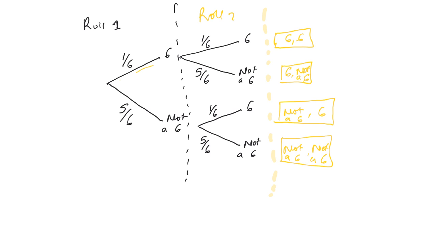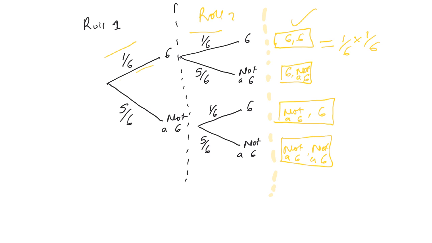And how do we get the probabilities? To get the probabilities, you multiply the probabilities along the branches leading you to a particular combination. For this combination, the first time you get a 6 and the second time you get a 6, so the probability is 1 over 6 times 1 over 6.